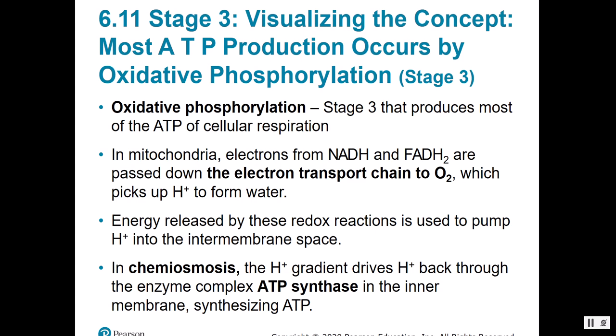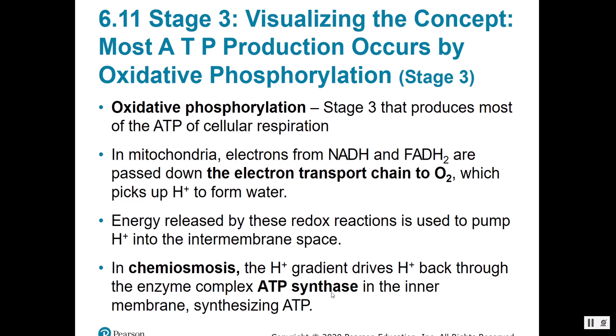So if you've got a bunch of hydrogens that have accumulated inside the space, you're going to have a hydrogen gradient, and that means you're going to have more hydrogens on one side than the other. Well, y'all know what gradients do. They make stuff happen. That's going to drive those hydrogens back through to the other side, but they go through this enzyme complex called ATP synthase.